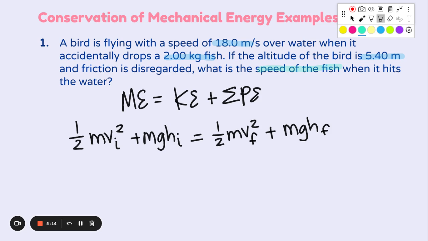So we're going to just start plugging in numbers. Lots of numbers to plug in, so I'll try to use lots of colors. We're going to do the initial kinetic energy.